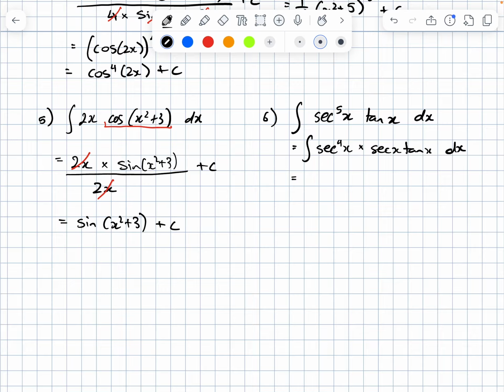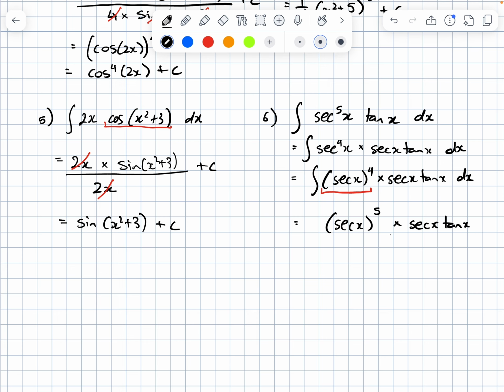Before I move on, I'm just going to rewrite this as, in brackets, sec x to the power 4, so those brackets are really clear to me. And now I can integrate, focusing again on the main function, which is the sec in this case. I've got to increase the power by 1, so that will be sec x to the power 5. I'm going to leave that sec x tan x there for now.